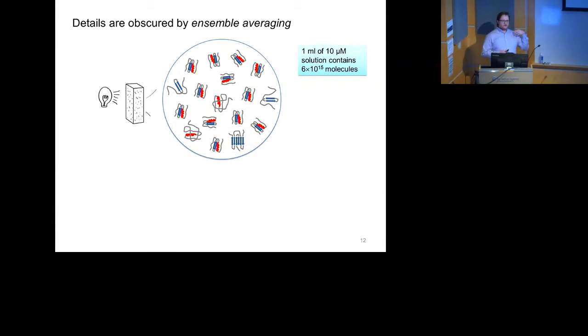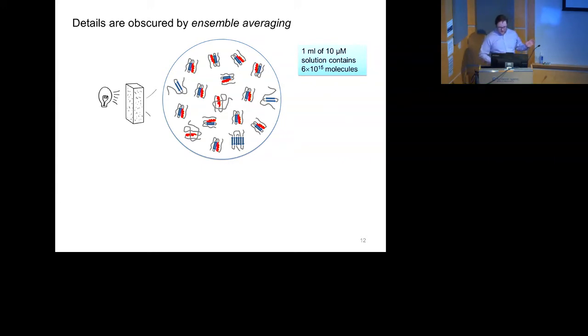The problem with ensemble bulk methods is that they suffer from something called ensemble averaging. If you're looking for some key intermediate that might trigger this aggregation process, it's really hard to characterize that intermediate with NMR or some other solution technique, because there's a huge number of molecules, an unimaginable number of molecules, in a 1 milliliter solution of protein.